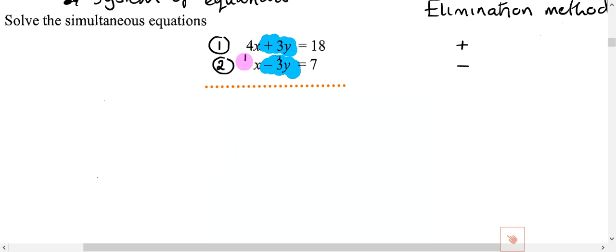So if we add them together, I've got 4x plus x makes 5x. Positive 3y plus negative 3y is 0, so I can put my plus 0. And then 18 plus 7 is... Okay. Now we don't actually need the plus 0, so I can just say that 5x equals 25.